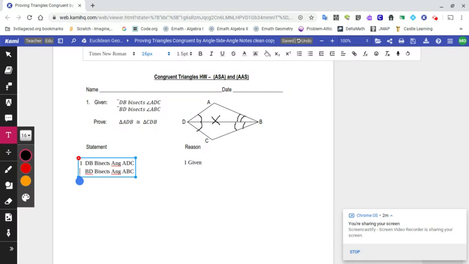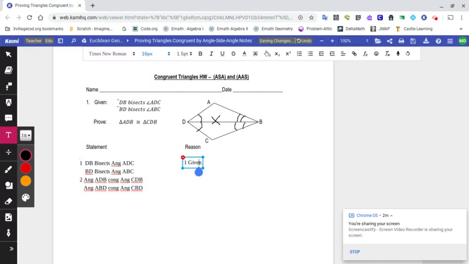Now, that's also going to tell me, well, the first thing that we marked was... that's not what I want to do. Go here, 2: angle ADB is congruent to angle CDB, and also angle ABD is congruent to angle CBD.